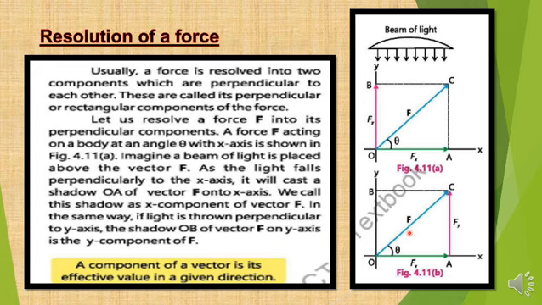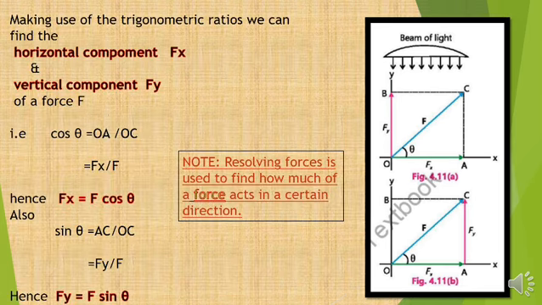A component of a vector is the effective value in a given direction. So, with the help of this figure, you can see how the components of force F are taken. Now, making use of trigonometric ratios, we can find the horizontal component Fx and the vertical component Fy.